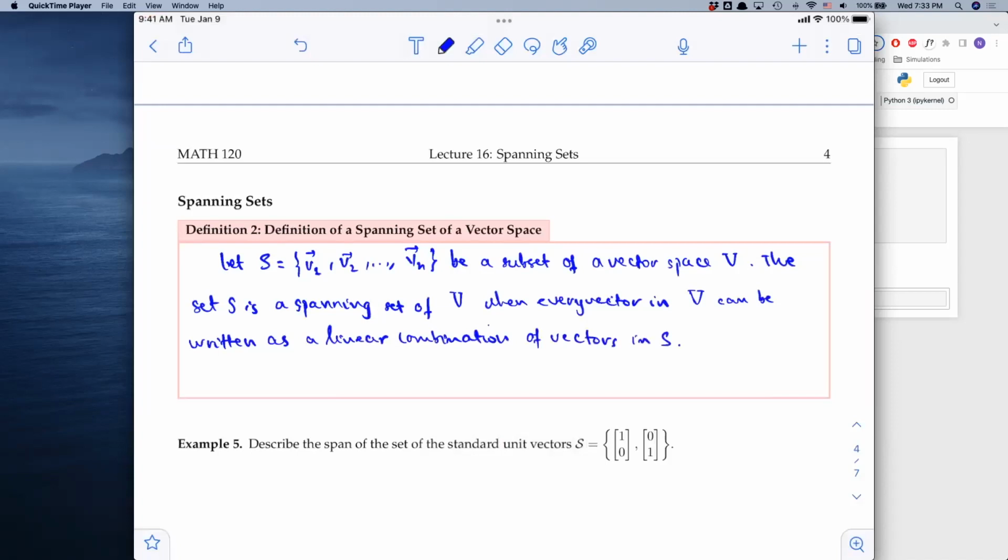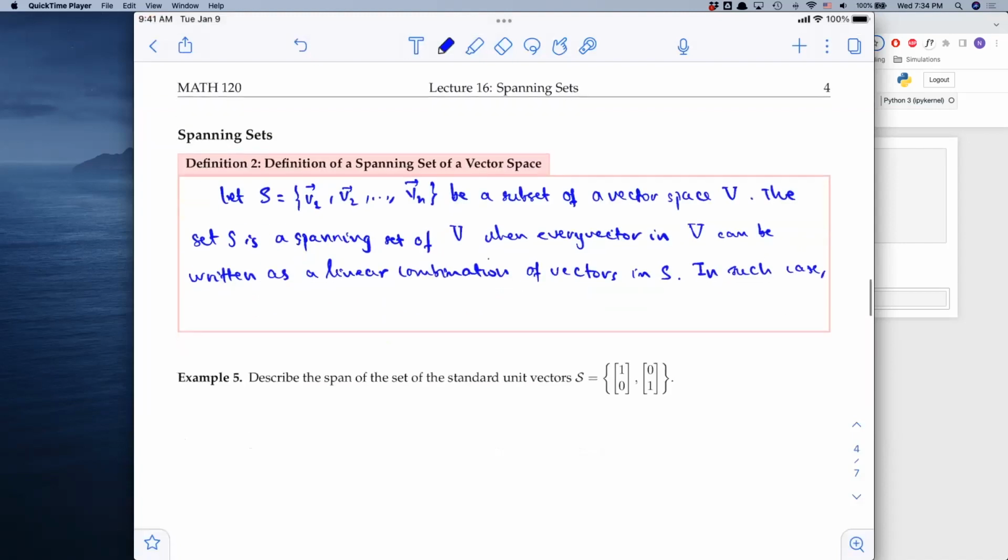In such a case, it is said that S spans V. Okay. Again, let's recap what we just wrote down here. S is a subset of a vector space, right?